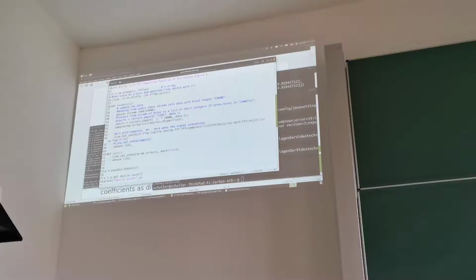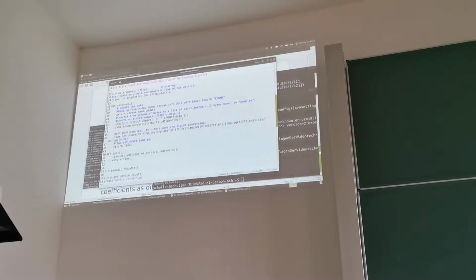So then we have in data an array of 2-byte samples. So here 2 bytes each. And this is then converted into short integers using the function unpack from the library struct. So this converts the hexadecimal values from data into short integers.